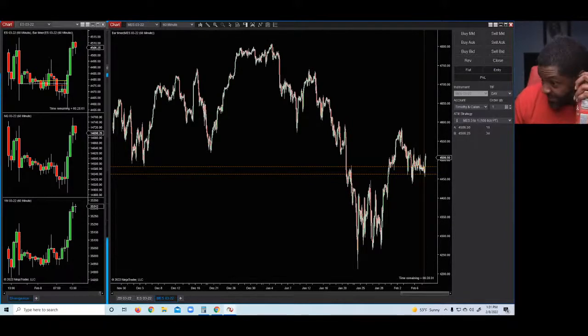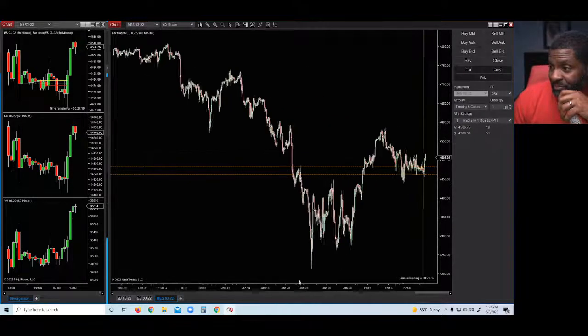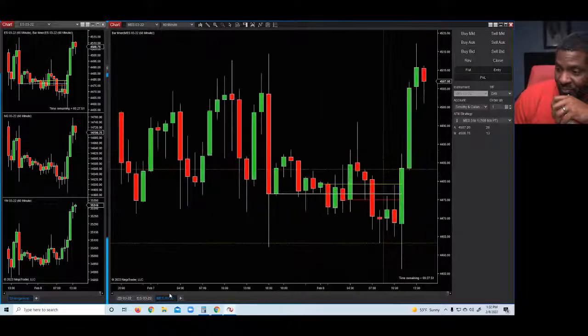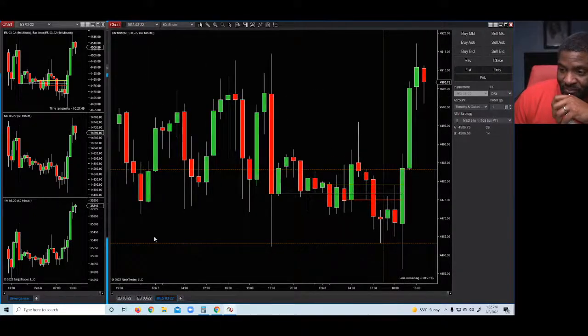If I go to a higher time frame and spread this out, this right here is yesterday at the end of the day. And this is a 60 minute low that I say, okay, it'll be hunting this. It's a 60 minute low, but it's the exact same area as a 15 minute low.